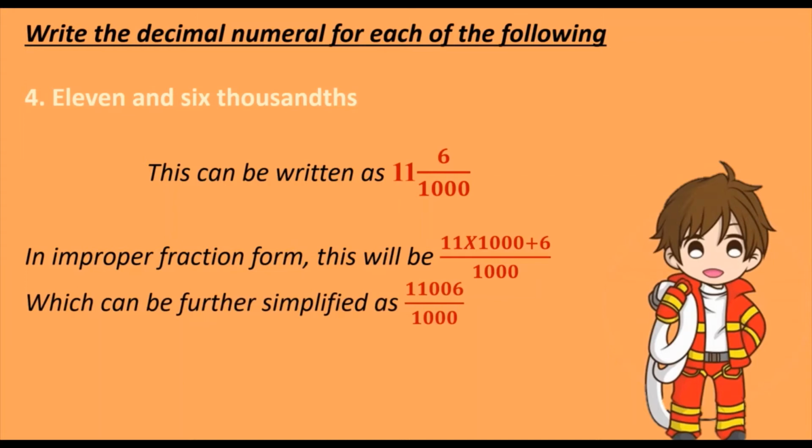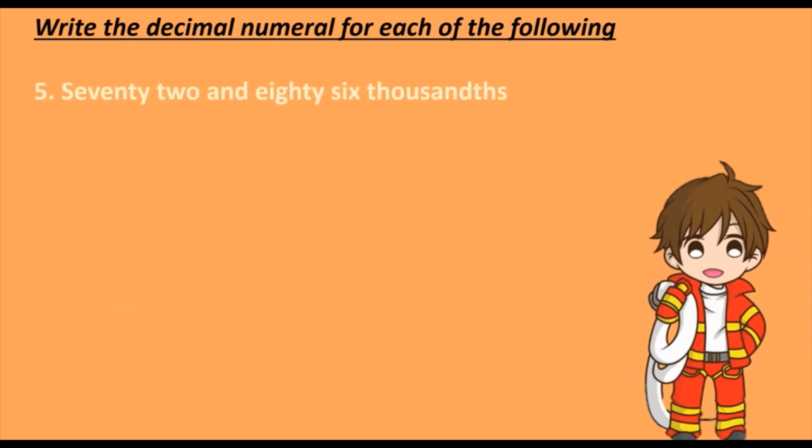And when we divide it, we find the decimal numeral as 11.006. So what did we do? We put the decimal point after 3 places counting from the right, because the denominator had 3 zeros. So we get 11.006.